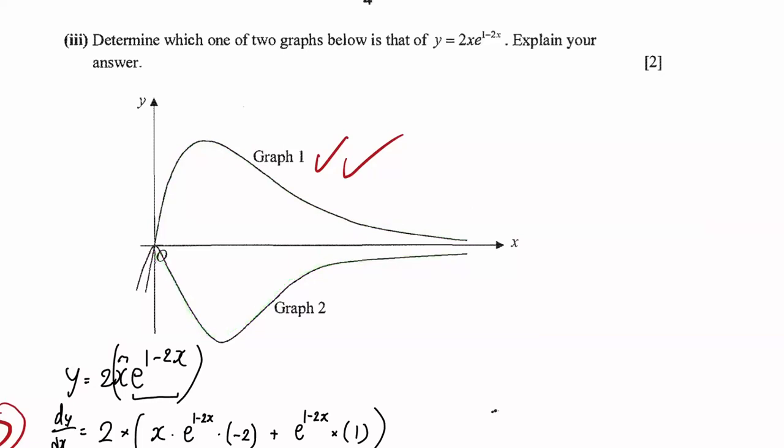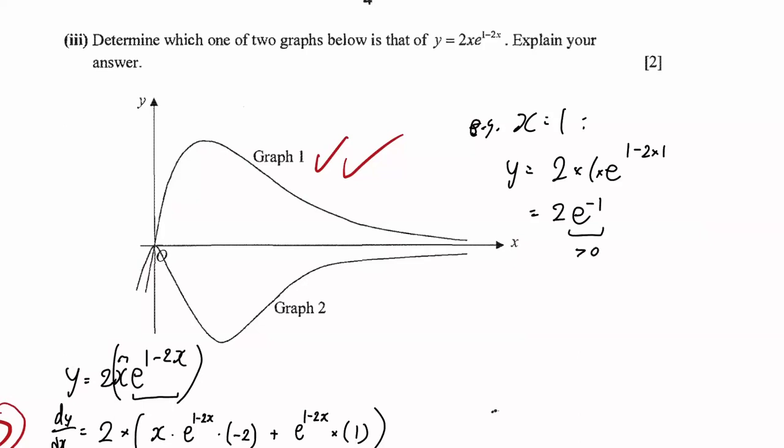So if you just sub in a positive x value and test one example, if you get a positive value, then it's graph 1. Let's say, for example, x equals 1. y equals 2 times 1 times e to the power of 1 minus 2 times 1, so it's 2 e to the power of negative 1. e to the power of anything is always positive, 2 is positive, positive times positive gives you positive.